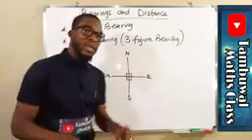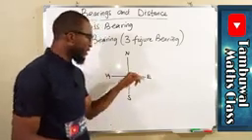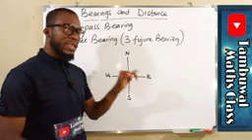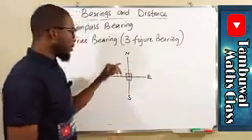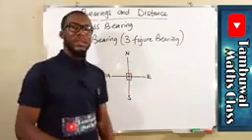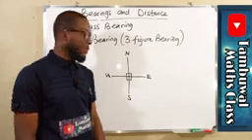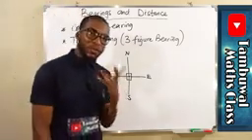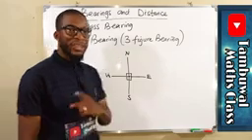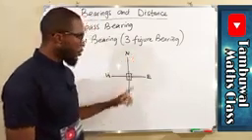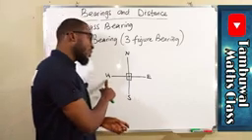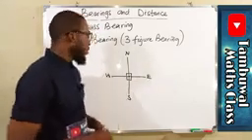Collectively, we have 360 degrees, because 90 plus 90 is 180, plus another 90 is 270, plus another 90 is 360 degrees. That's number one. And secondly, I want you to know that every direction is measured either from the north or from the south, because we don't measure direction from the west or east.